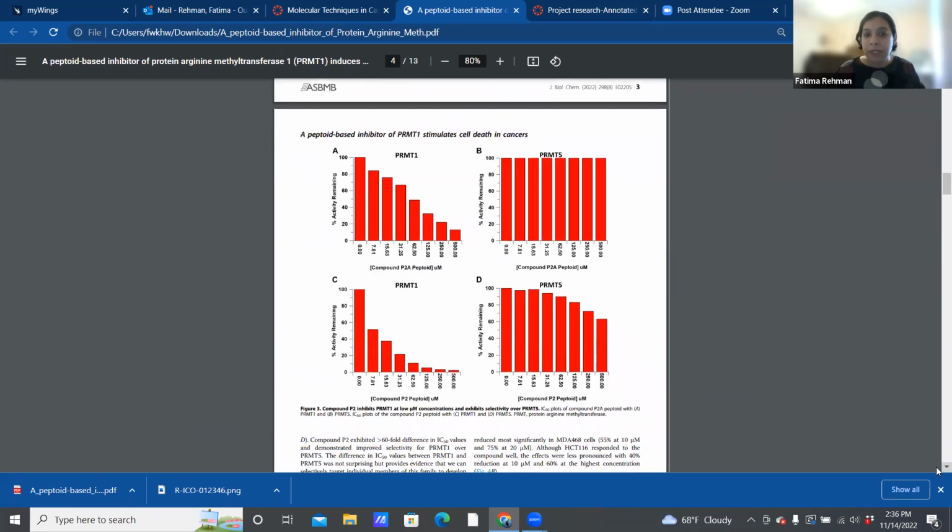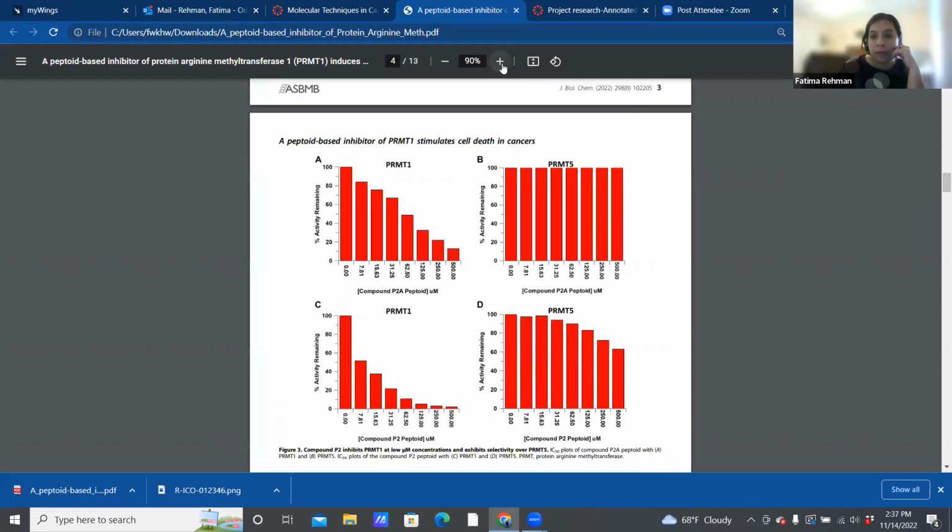This is saying compound P2 inhibits PRMT1 at low micromolar concentration and exhibits selectivity over other PRMTs. So what is it telling me? Let's go through this figure and tell me, what do you understand from these graphs? What do you see when you look at this particular figure?